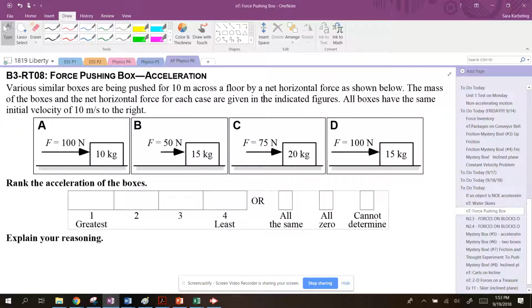Work on the problem. All right, have a conversation with your table. Come up with an answer and write it down on your board.